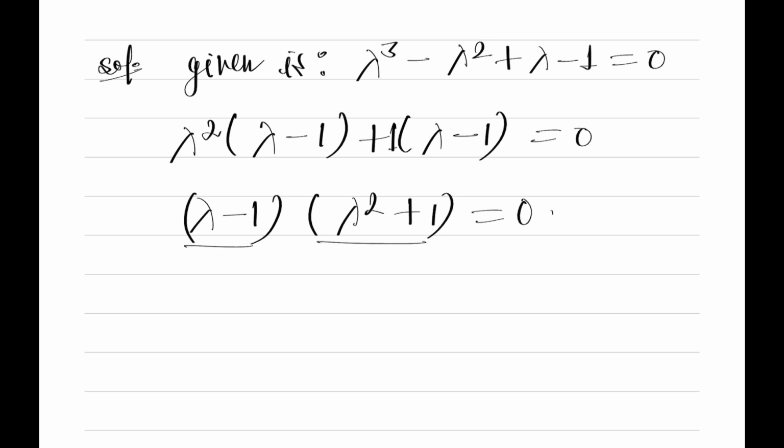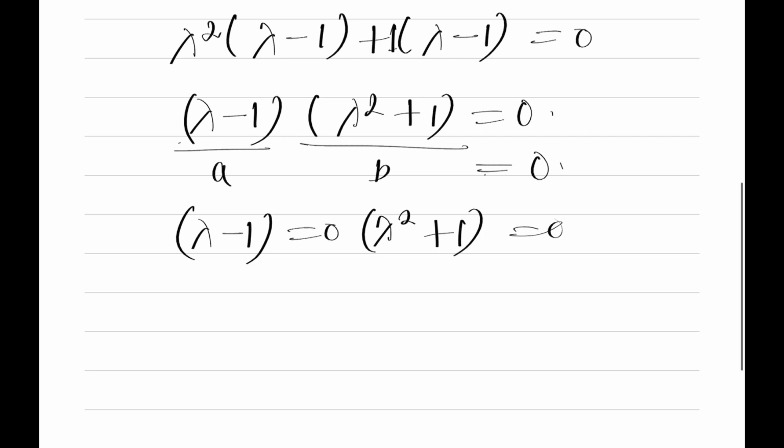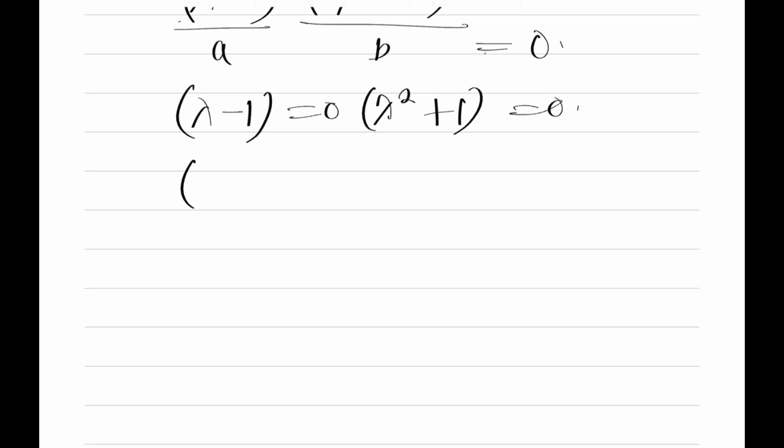Now we equate both factors to 0. We equate lambda minus 1 as 0 and lambda square plus 1 as 0. Here lambda minus 1 equals 0 means lambda equals 1.